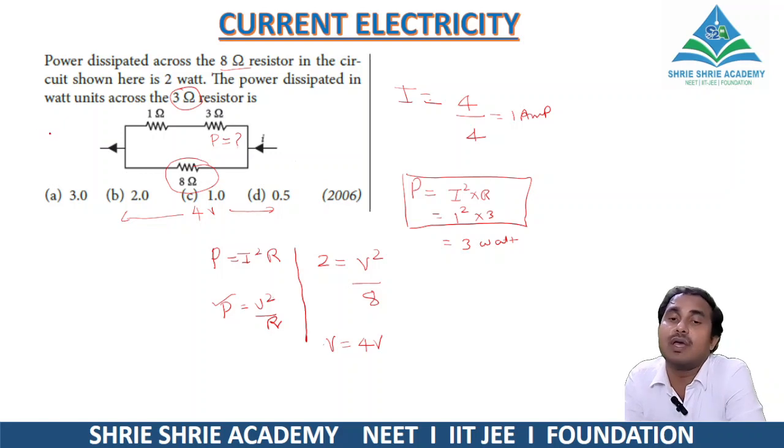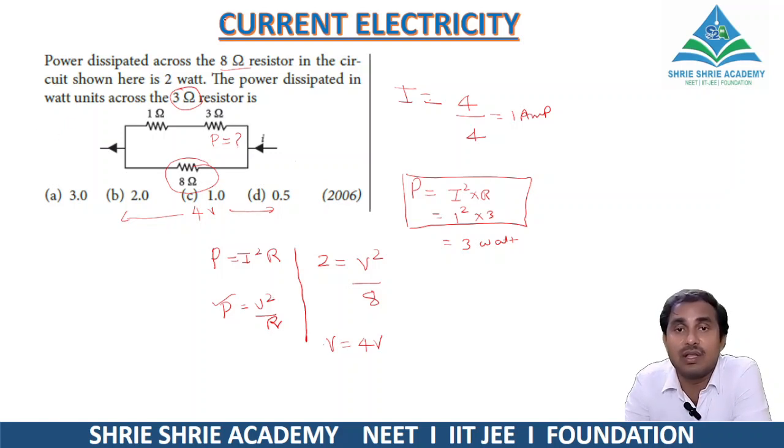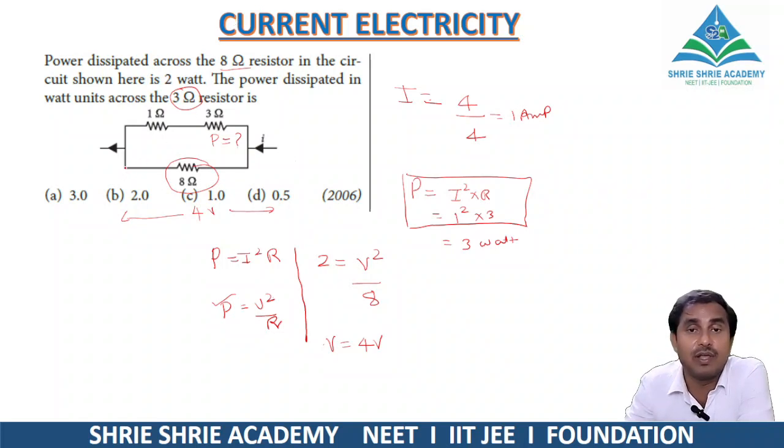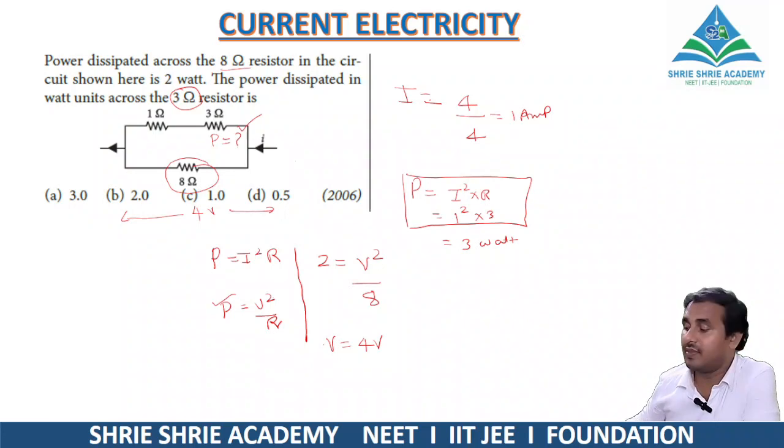In a very simple way we can find it by using the correct formula. We use P is equal to V square by R so that we can find the potential difference between this point and this point. Then we find the current in the upper branch, and then we can find the power in the 3 ohm resistor.